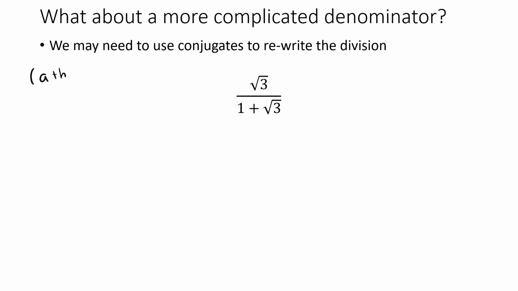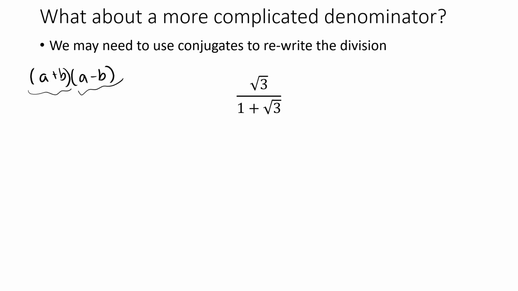Conjugates are when you have, say, a plus b and an a minus b. These two things would be called conjugates of each other. You have the same factor terms, but opposite signs. And the important thing about conjugates is when you multiply them, you eliminate the middle term.